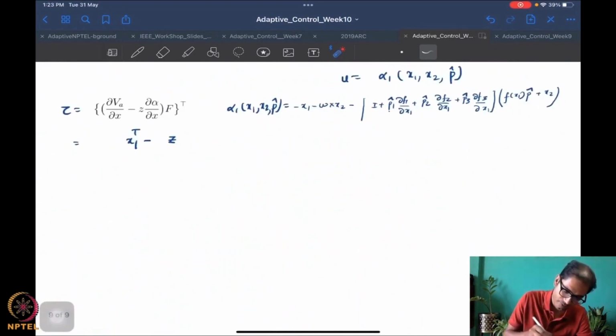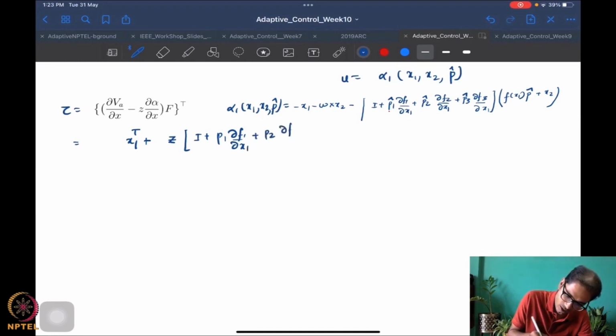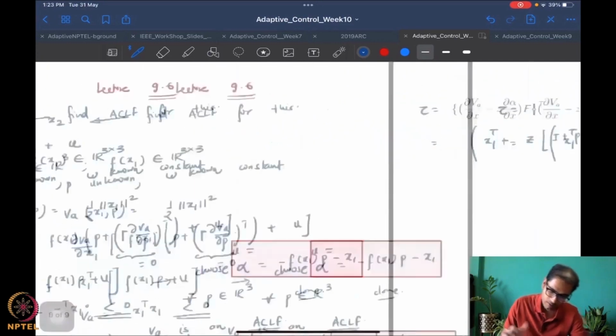So this is going to be plus identity plus p1 del f1 del x1 plus p2 del f2 del x1 plus p3 del f3 del x1, and this whole thing multiplied by f.